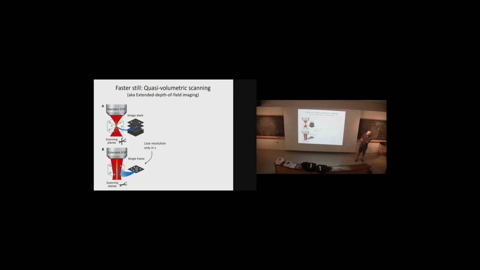So here's standard volumetric imaging where you basically have a volume that would be a stack of 2-dimensional planes. And each one of these is an optically sectioned plane. Each one of these is 3D resolved. One thing you could do is basically sacrifice resolution along the Z dimension. And you can do that by using wavefront shaping to generate very elongated point spread functions.